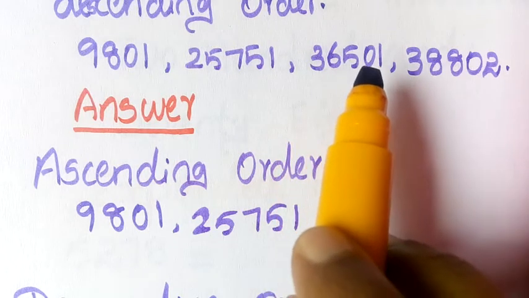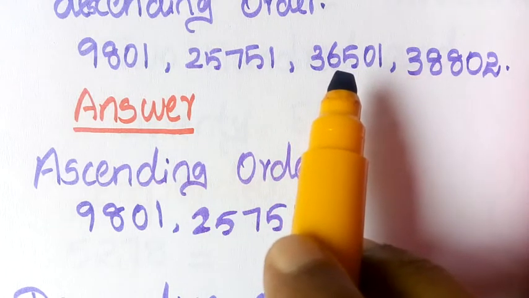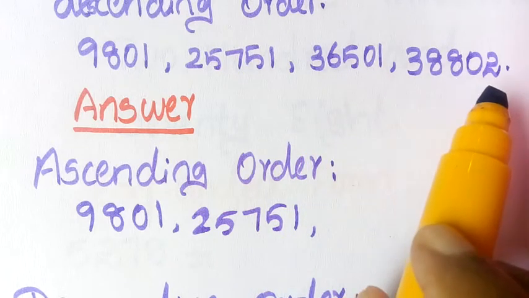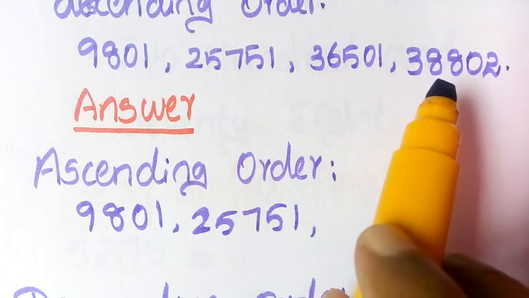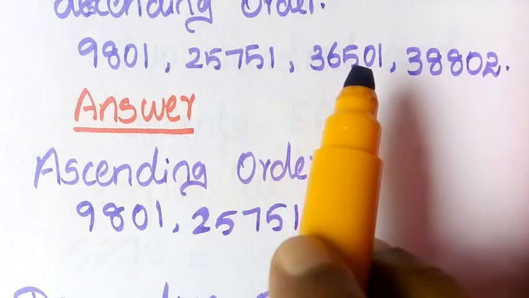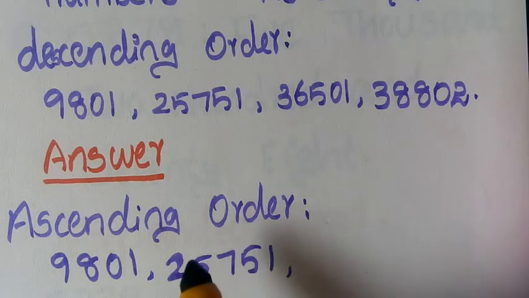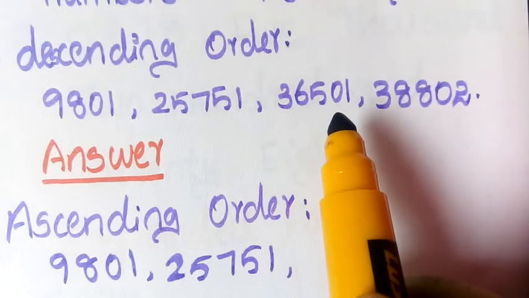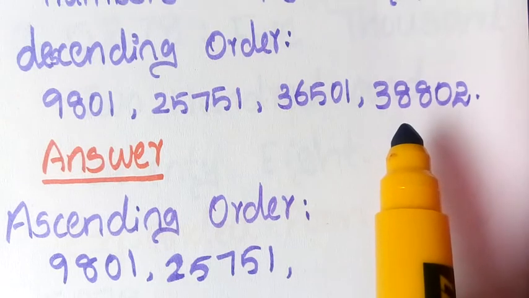In 36,501, at the thousands place we have 6. In 38,802, at the thousands place we have 8. So which number is the smallest number? The digit at the thousands place is smaller in 36,501 than 38,802.